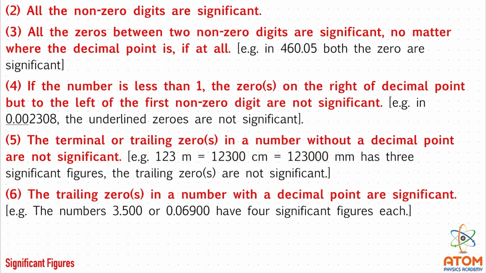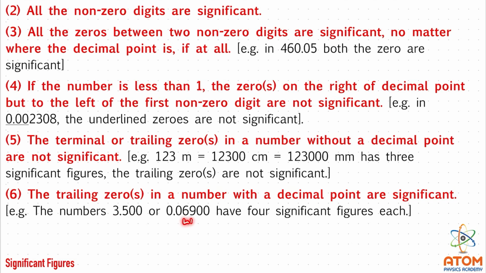Now, the trailing zeros in a number with a decimal point are significant. Here the trailing zeros were not considered significant because there was no decimal, but if it has a decimal point, then it is considered significant. For example, if a measurement is written like 3.500, or like 0.06900, then here all of these 4 digits are significant.